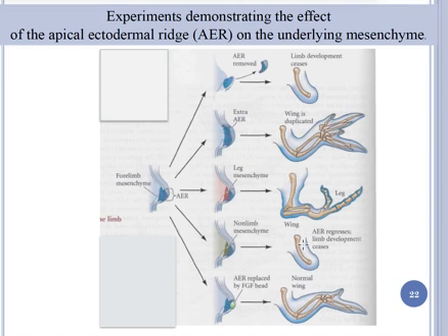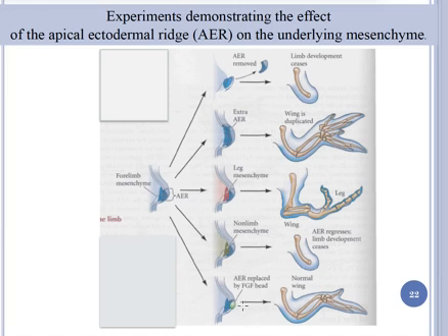The AER will regress and the limb development will stop. So according to the first four experiments, we need a specific interaction between the AER that should be present and the mesenchyme beneath that should be specific for the limb, and this kind of interaction between limb mesenchyme and AER is essential to induce the formation of the limb.